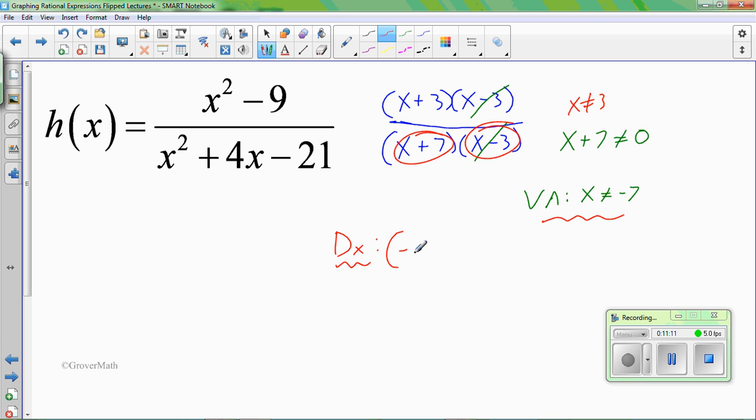So your domain would go from -infinity to -7, or from -7 to 3. x can be all the numbers from -infinity to -7, all the numbers between -7 and 3, and all the numbers from 3 to infinity. It just can't be 3. It can't be -7, and -7 is an asymptote here. 3 is what we call a hole, but we'll discuss that more in a later video.